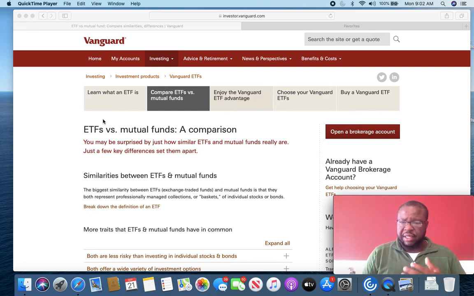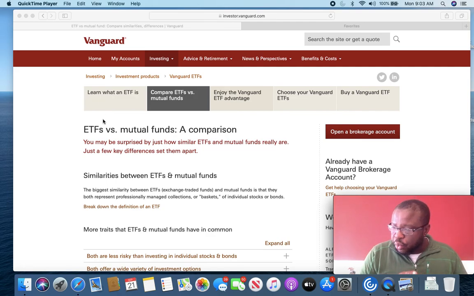You might have AT&T, you might have McDonald's, you have multiple companies. And it's the same way an ETF, or exchange traded fund, is an investment product with a basket. It has multiple stocks or bonds, because you can have bond ETFs as well.